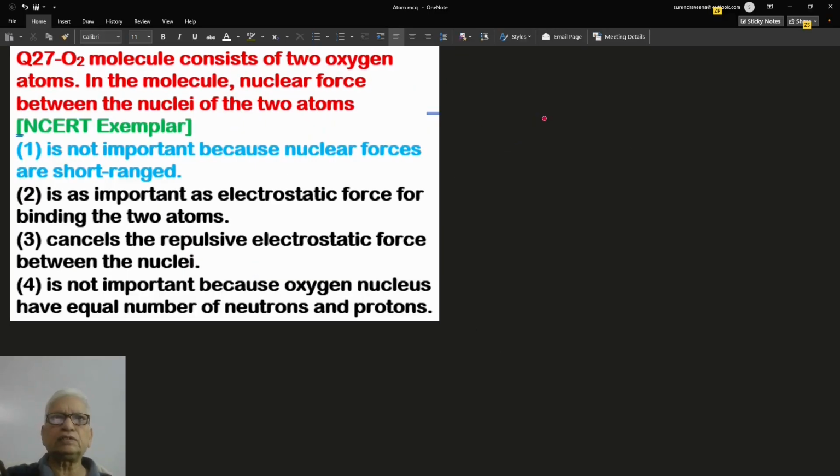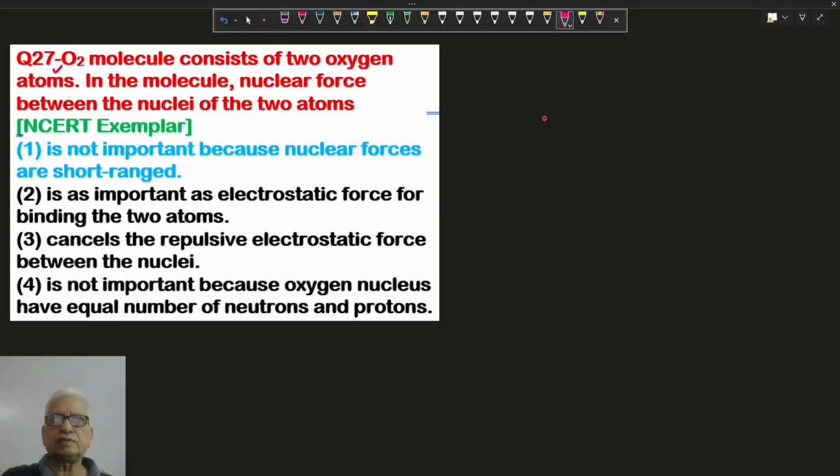Here in this question, an oxygen molecule consists of two oxygen atoms. In the molecule, the nuclear force between the two nuclei, we know the nuclear force is a very large force, much more than the electrostatic forces, whether it is attractive or repulsive.